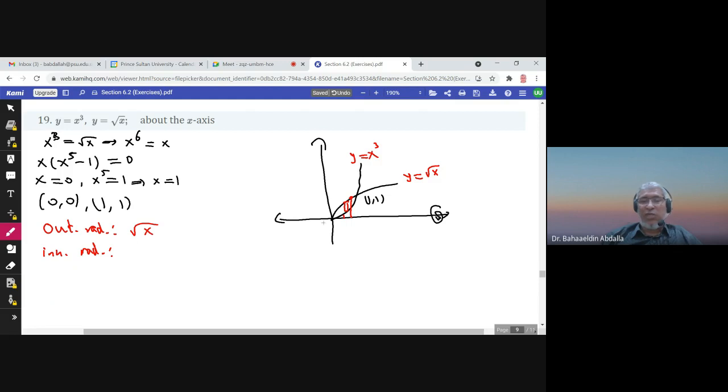So this distance is just x cubed. And the volume would be now from 0 to 1, delta x from 0 to 1, pi times the outer, square root of x, raised to the power 2, minus x to the power 3, raised to the power 2. So this will give you the volume.